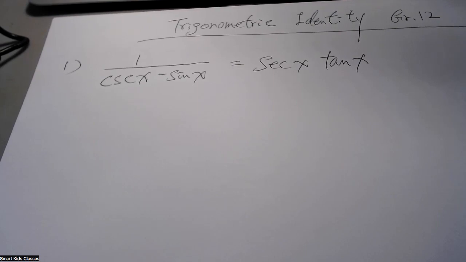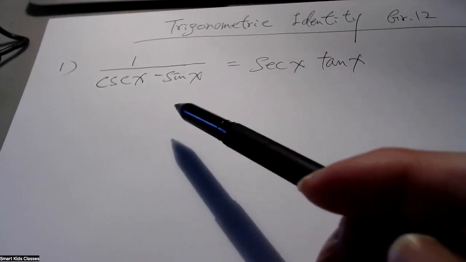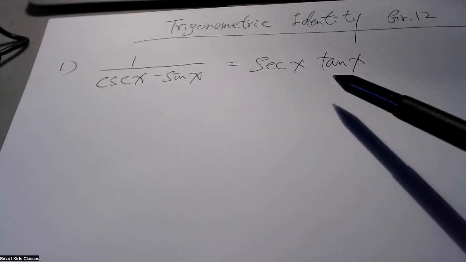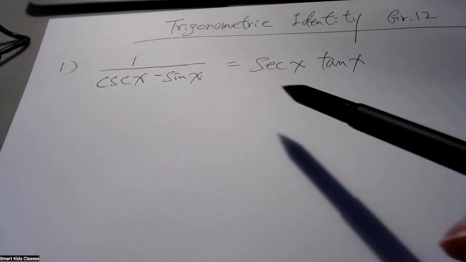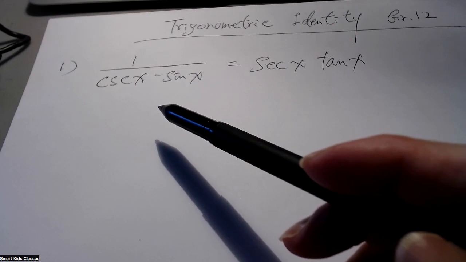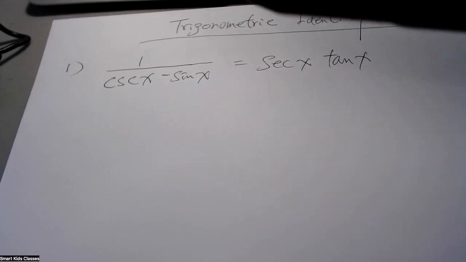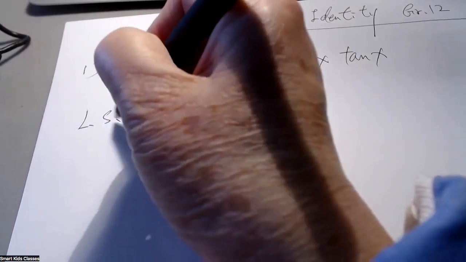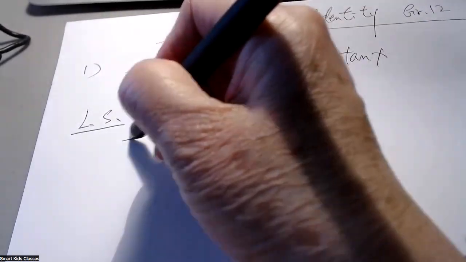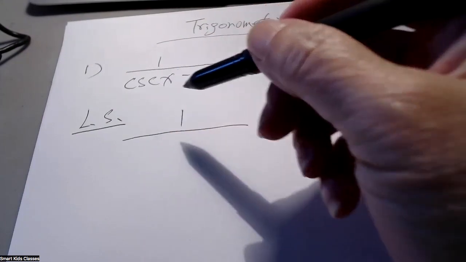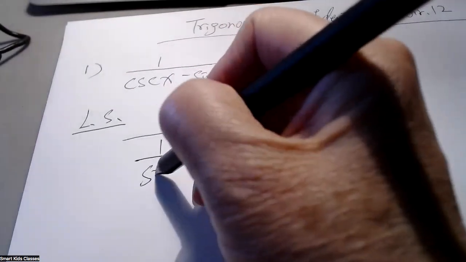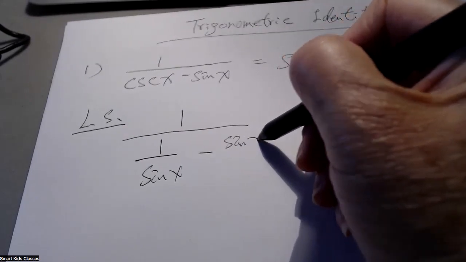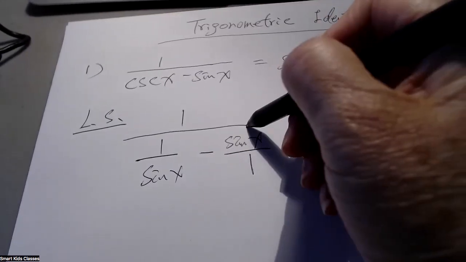The first question is 1 over cosecant x minus sin x equals secant x times tangent x. Let's solve the left side first with the fraction. So we put the left side: cosecant is 1 over sin x, subtract sin x over 1.